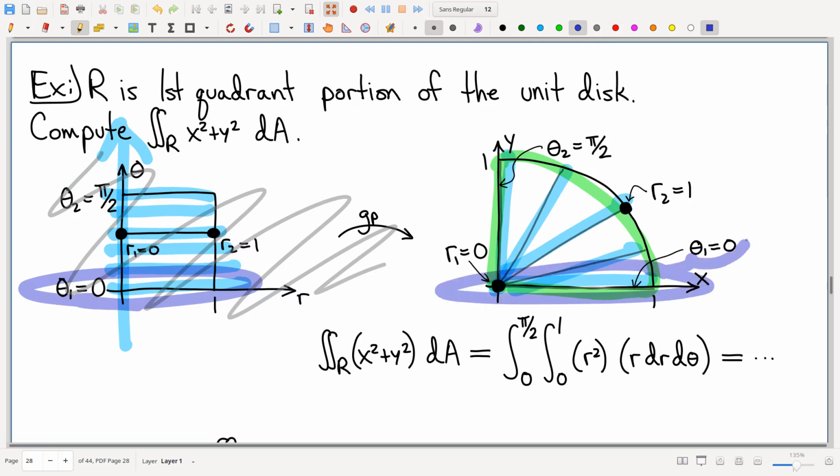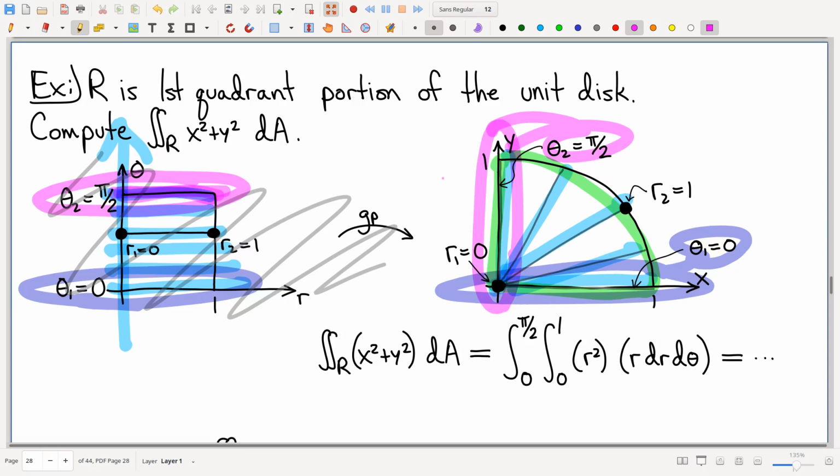There's that theta slice where I can clearly see in the xy plane theta is equal to 0. And the last slice, where theta is equal to pi over 2, I can see that here too. There it is, last slice, theta is pi over 2.